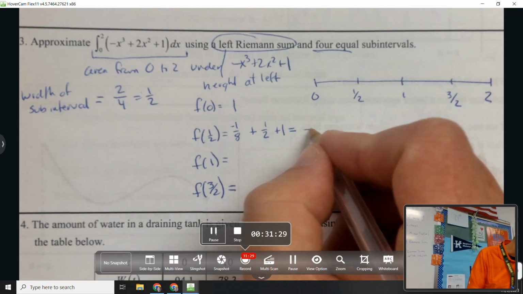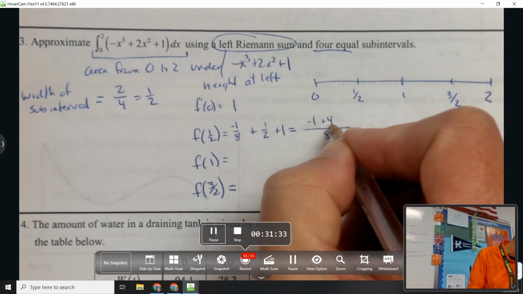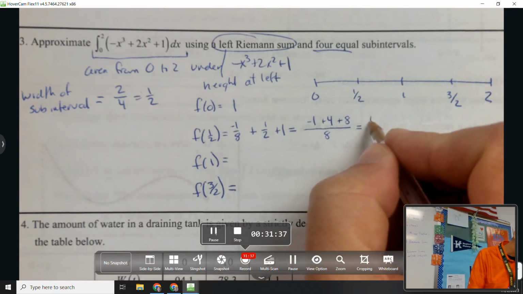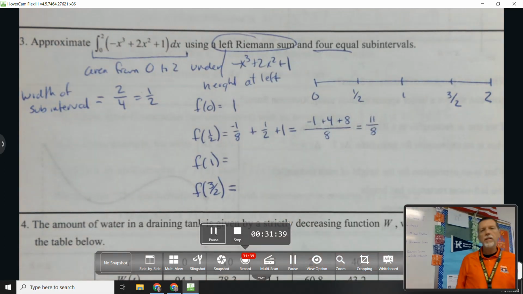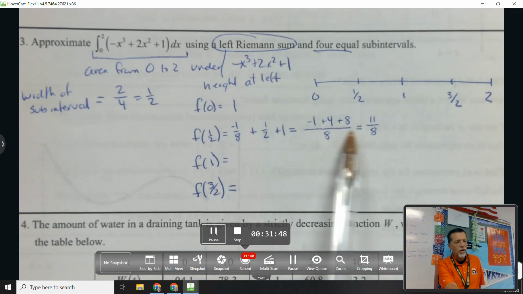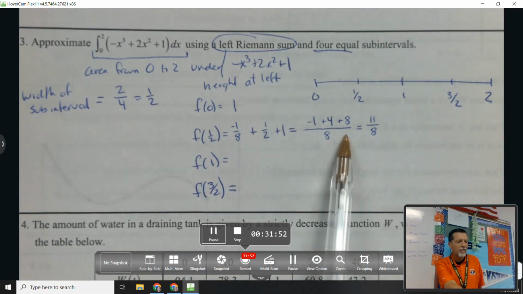Let's see, so if we put all of those over 8, that would be negative 1/8 plus 4/8 plus 8/8. That would be 11/8. This is one of those places where the hardest part of calculus is the first 12 years. If you struggle to add fractions, then you're going to get bogged down.